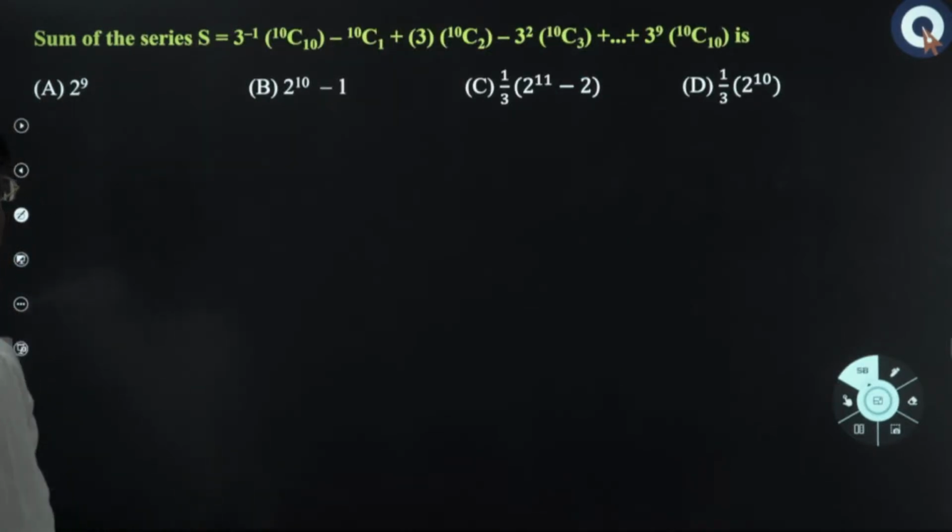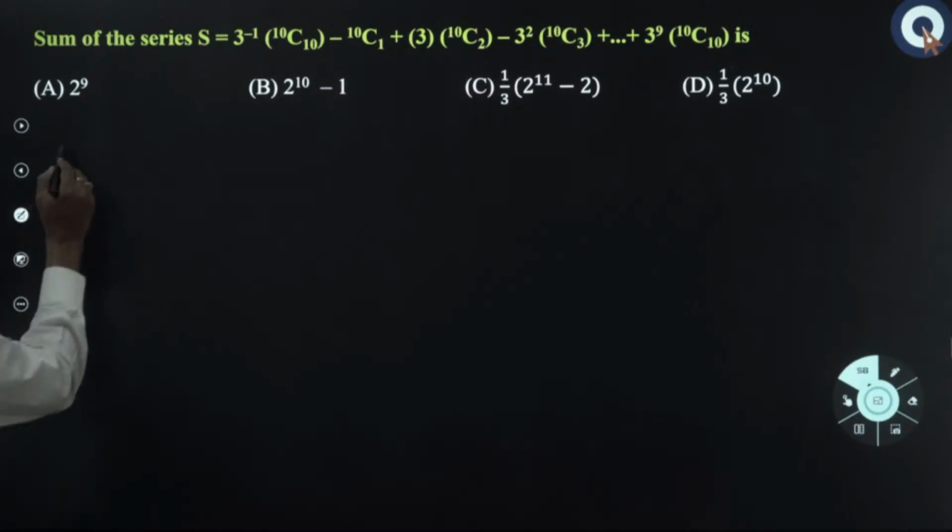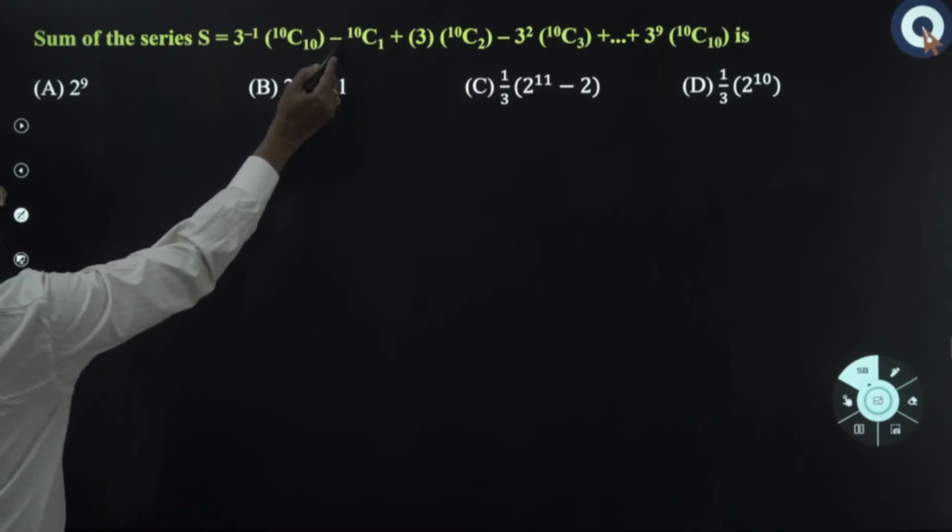All right. Now, here the sum of this series. S is equal to this series. Assume that there is 3 power 0 here.